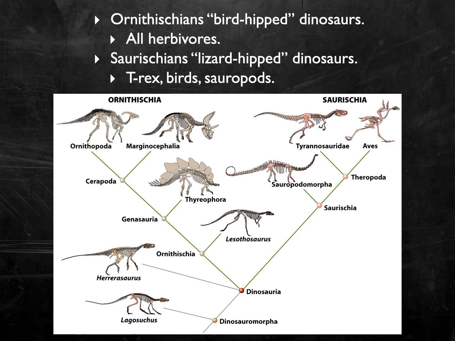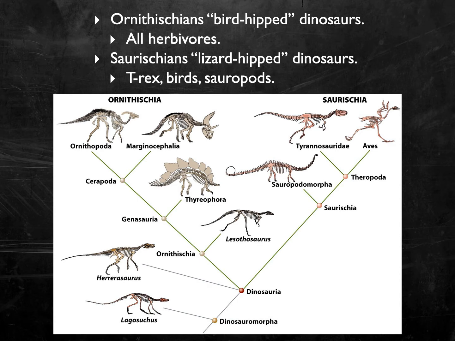obviously, there's still some debate as to where we put things, but overall, paleontologists classify two large main groups of dinosaurs. There's what's called the ornithischians, which all happen to be herbivores. In other words, they ate plants. That's that whole group on the left branch of the tree. And then there's the saurischians that were really the first to come about, but those are the ones that branch off towards the birds.